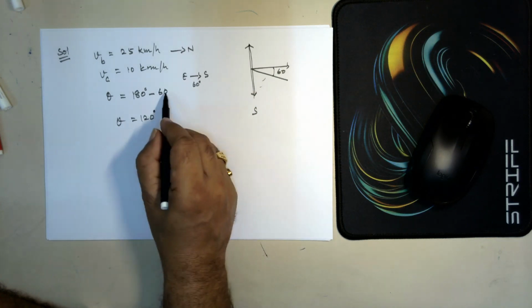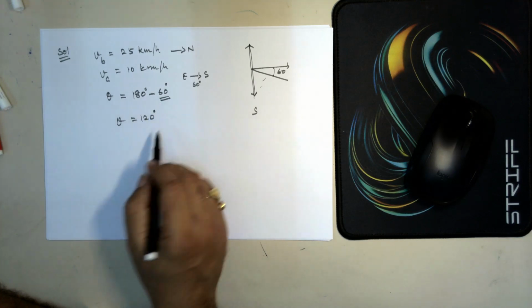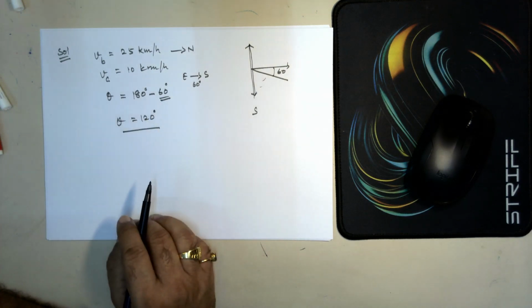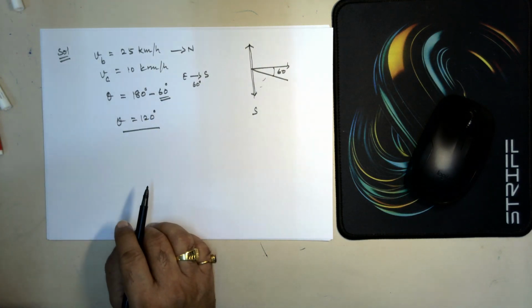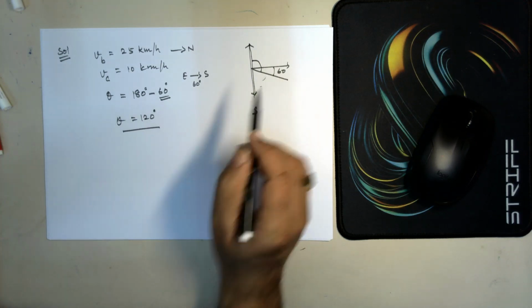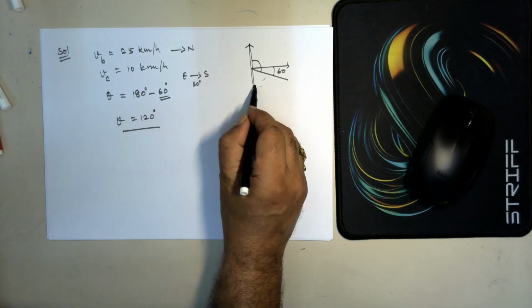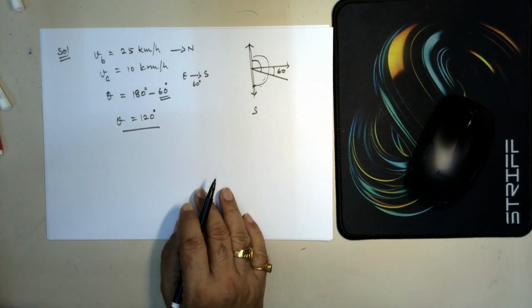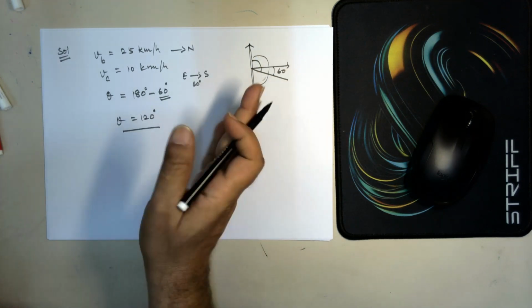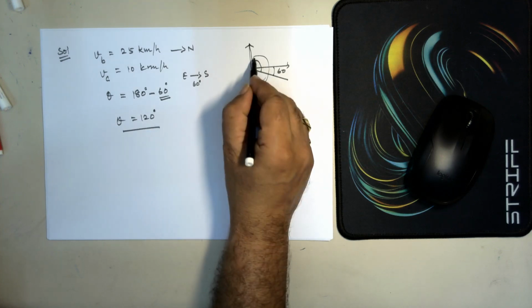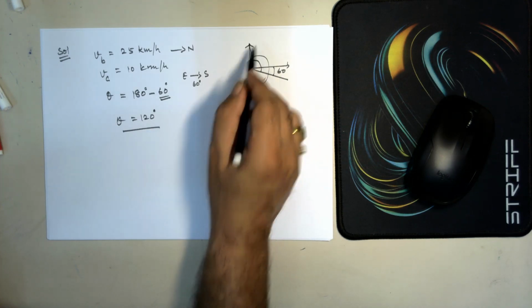You have to subtract this 60 degree, so it becomes 120 degree. Do you understand this? You start from here, that is 180. 60 degrees is shifted. So we have to consider this because these are the two vectors, right?